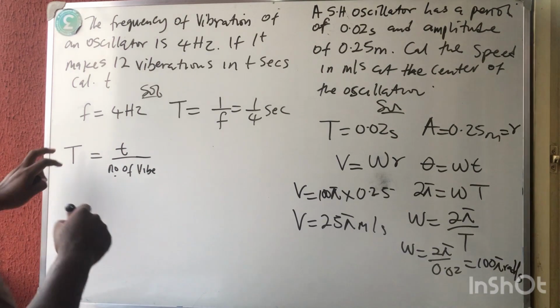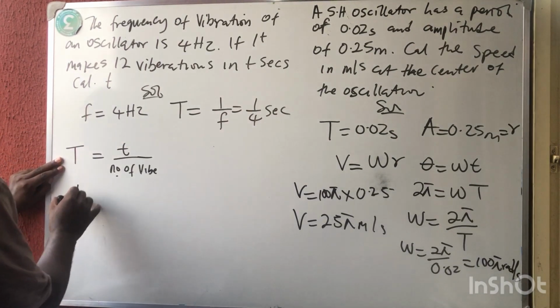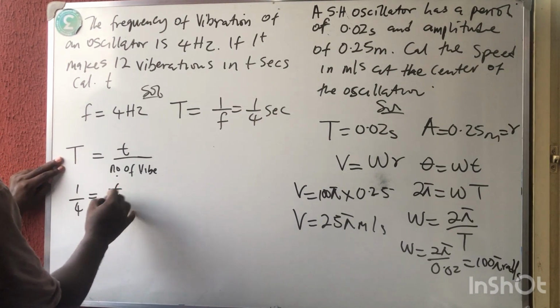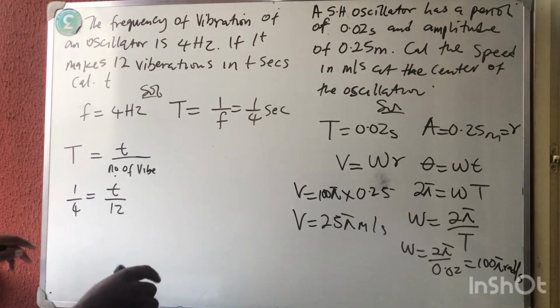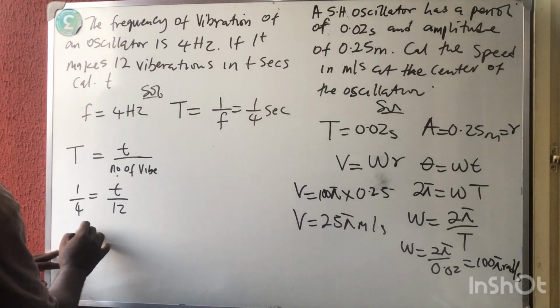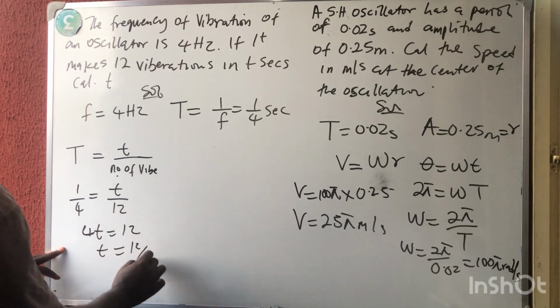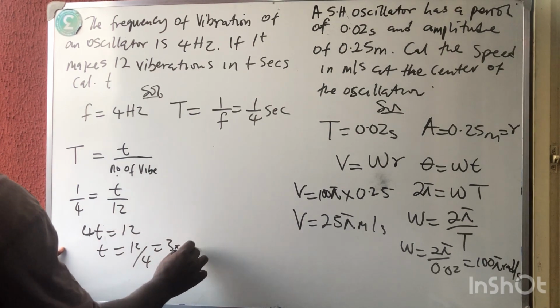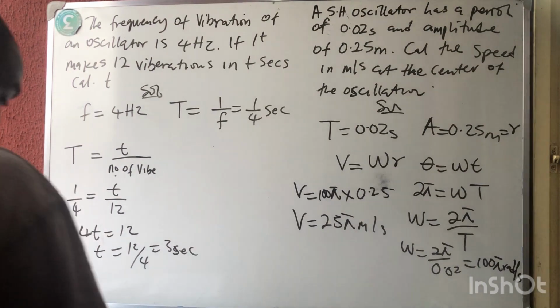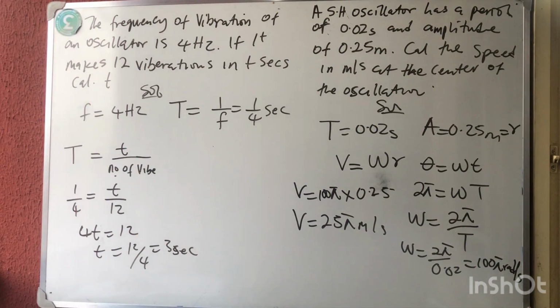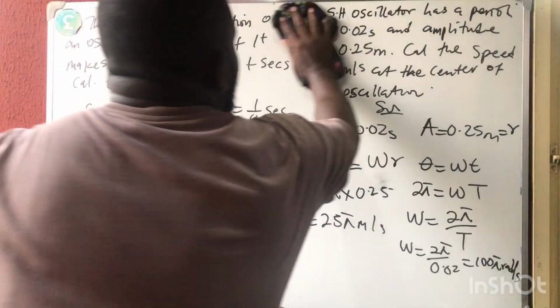So the normal T we got as 1 over 4, so 1 over 4 is equal to small t all over 12 vibration. If I cross multiply, I'm going to have that 4t is equal to 12, and then t will now be what? 12 divided by 4, which is 3 seconds. Okay, so let's solve another question.